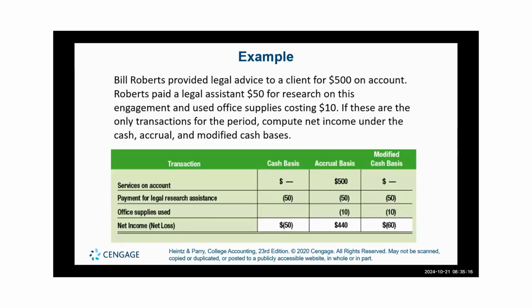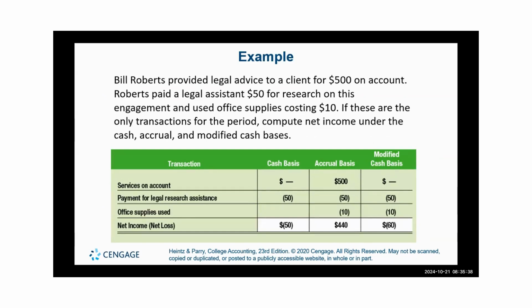All right, let's look at an example of this. Under the cash basis, we did services on account, but I can't recognize them. So all I can recognize for this month is that I had to pay my research assistant $50. So it looks like a negative 50.